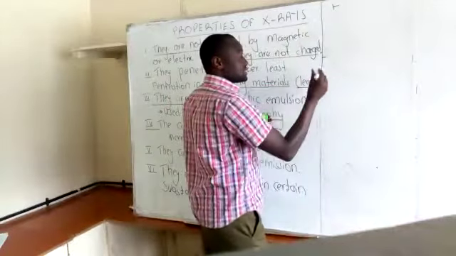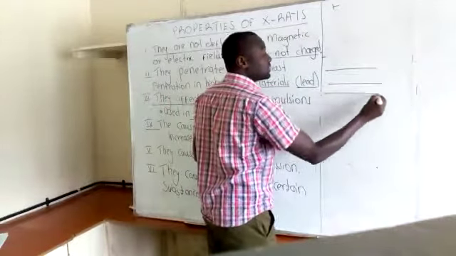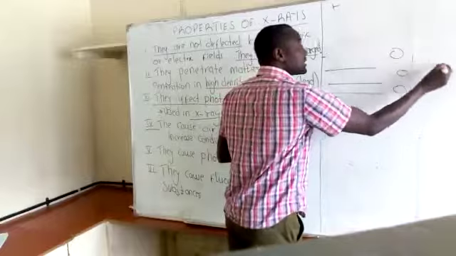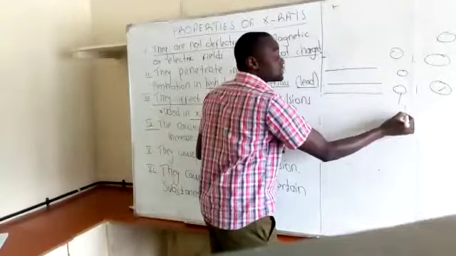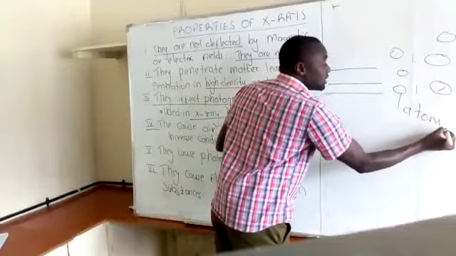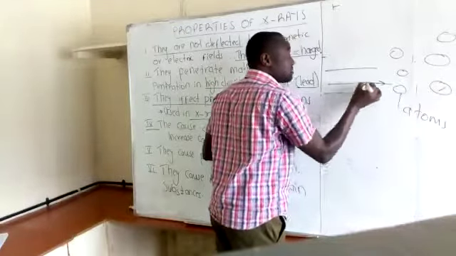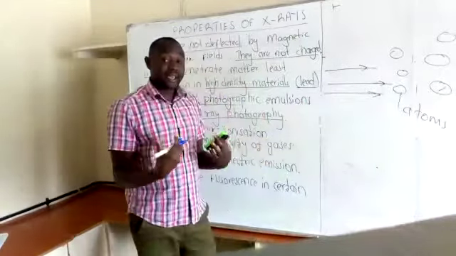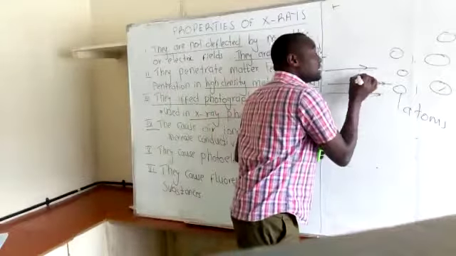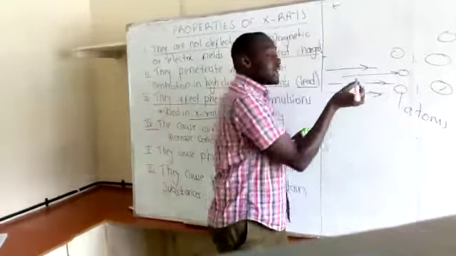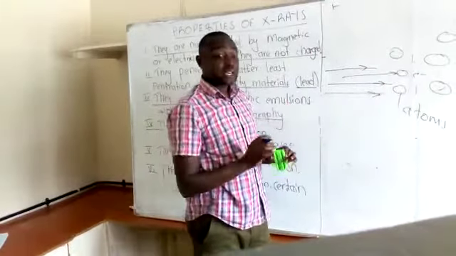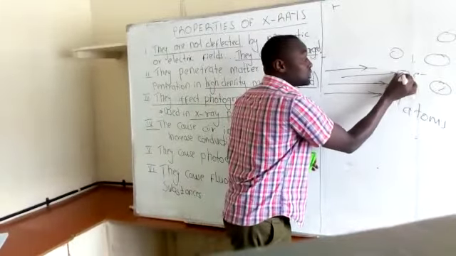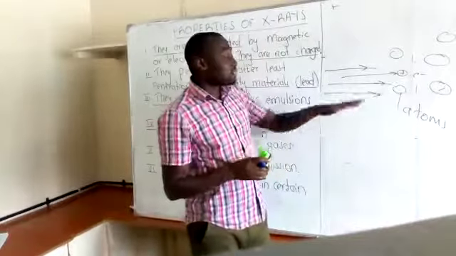If X-rays pass through air, in this case we have these air atoms, then the X-rays, remember we are saying they do carry energy, and therefore when they pass through air, they are able to knock off electrons out of the air atoms, and therefore that air atom will be left ionized.